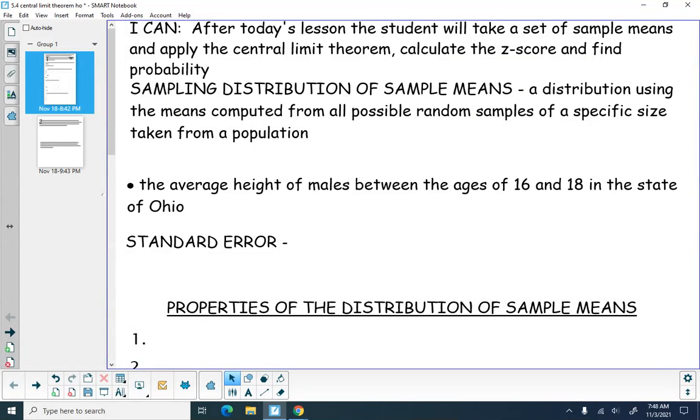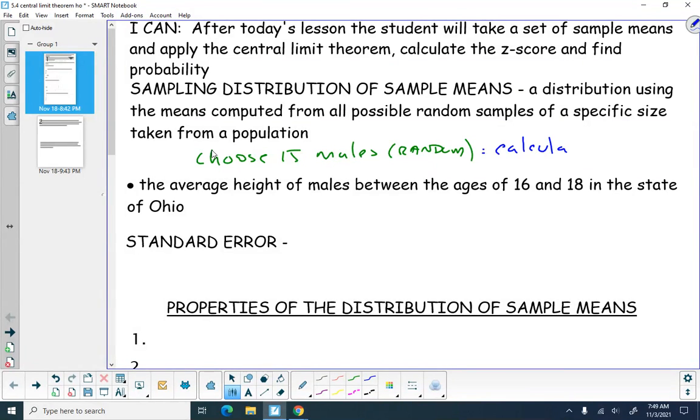Well, what the sampling distribution states is we still take every high school. We choose 15 males at random and calculate the mean of those 15 males.